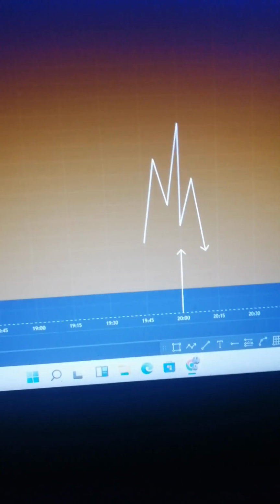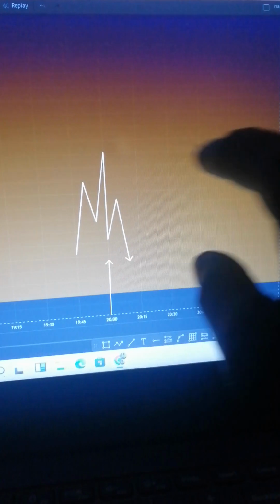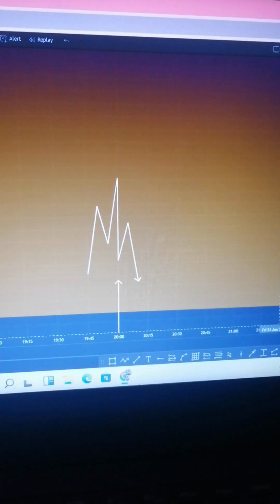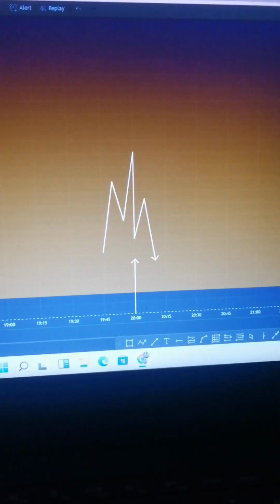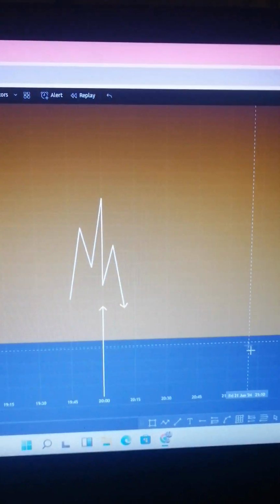And that's what the price did. It didn't come deeper inside the box, but that's what the price did. I will show you. So this is one of the entry confirmations for me. I can find it on 1 minute, on 15 minutes, depending on the higher time frame.